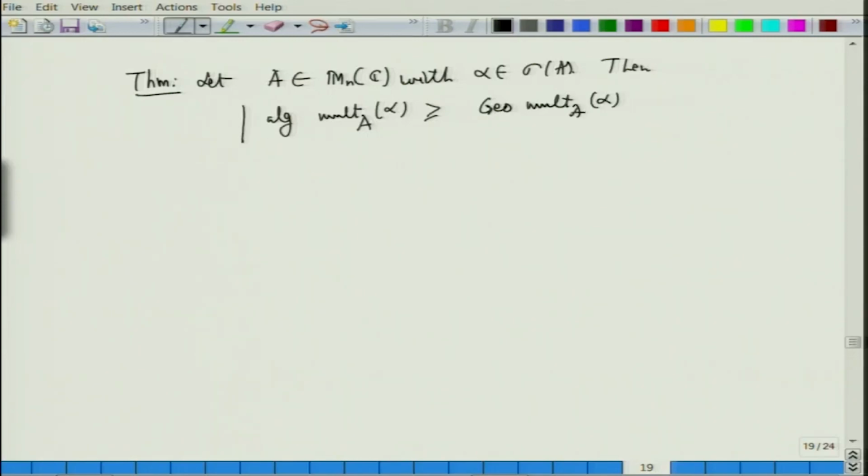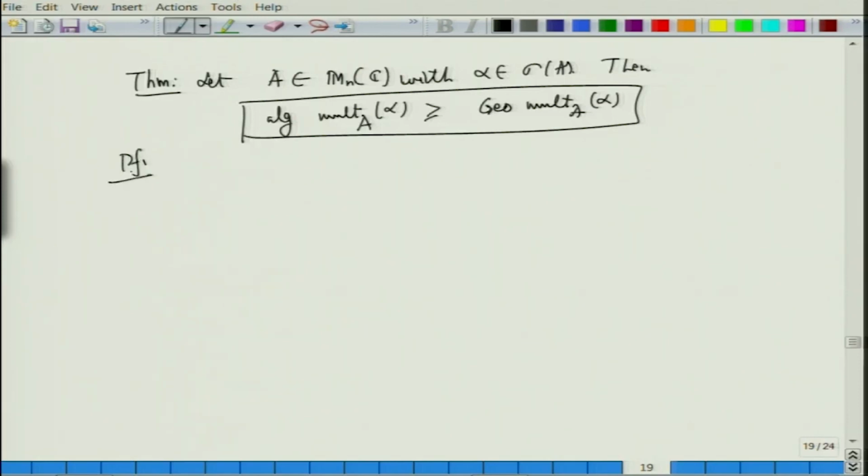Is that okay? Proof. Very important idea. It gives you an idea of how we play around with matrices, eigenvectors, eigenvalues, linear independence, dependence, and so on. So understand it nicely.